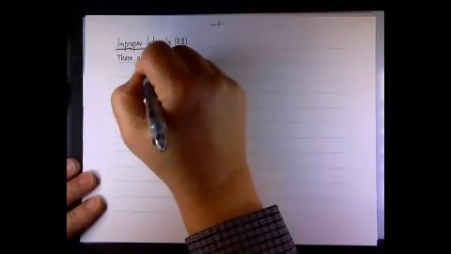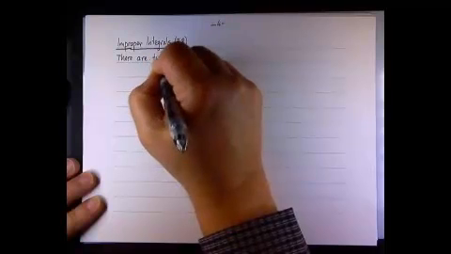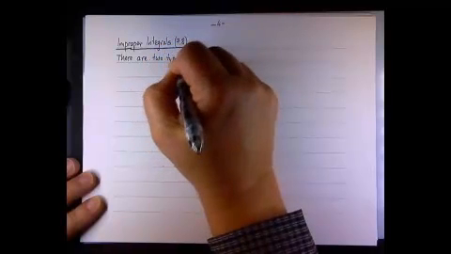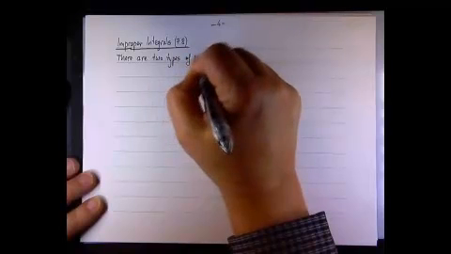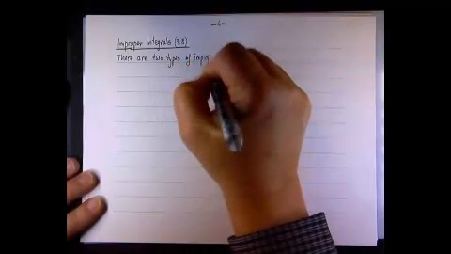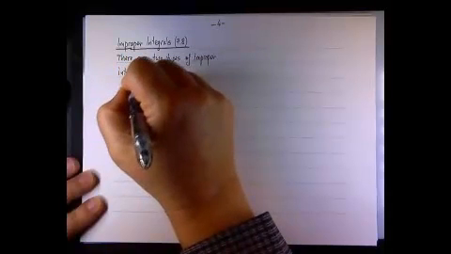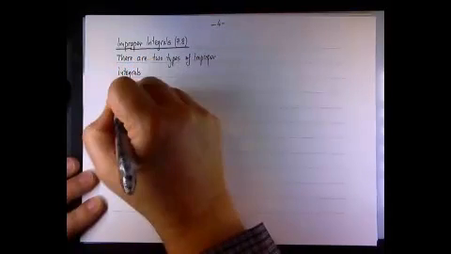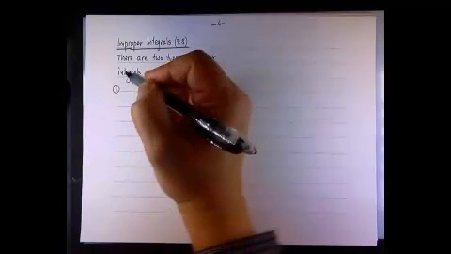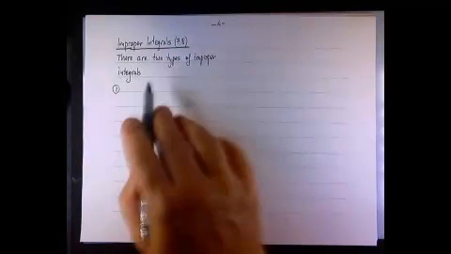There are two types of improper integrals, and this will give you an idea what we are talking about. By the way, when we are talking about improper integrals, we're talking about definite integrals.